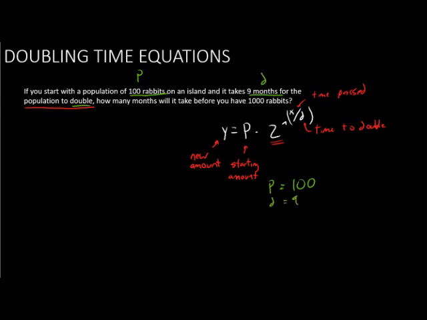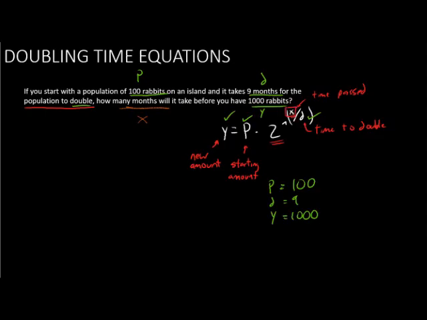Then we were asked, how many months will it take, meaning we don't know the time, that's x, but we do know we're going to reach 1,000 rabbits. That's our new amount, and our new amount will be y. So y is 1,000. This means we know y, p, and d, and we're going to be looking for x.